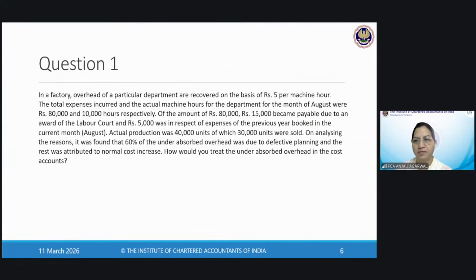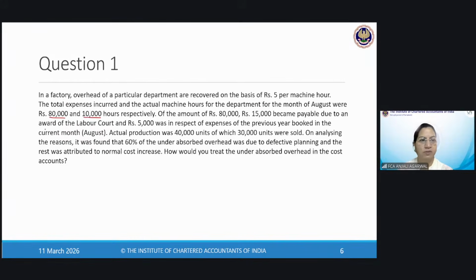So these were some of the basic concepts. And let's start with questions on the basis of overheads, whatever we have learned so far. So first question, there is a factory. Overhead of a particular department is recovered on the basis of rupee 5 per machine hour. The total expenses incurred and the actual machine hours for the department for the month of August was 80,000 and 10,000.